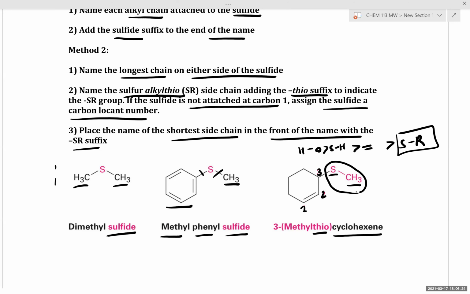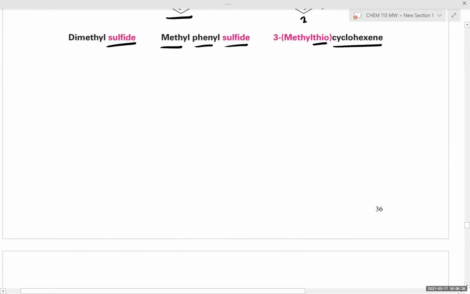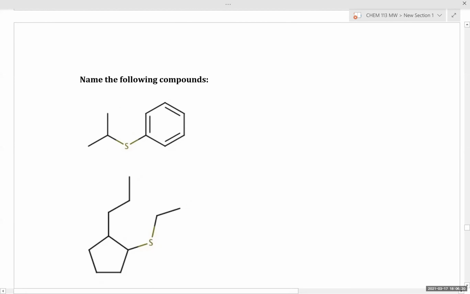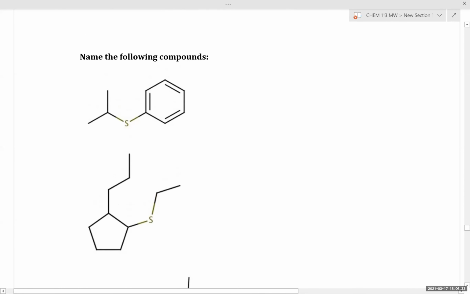And let's look at some examples of naming sulfides. So let's start with these first two sulfide examples. So a sulfide is not a very high priority group.